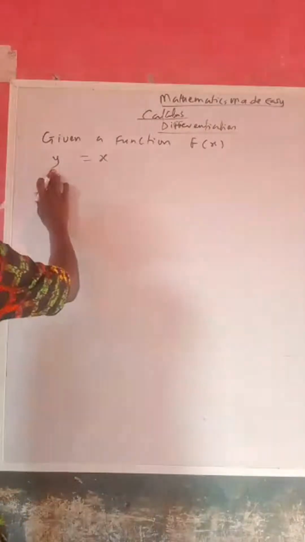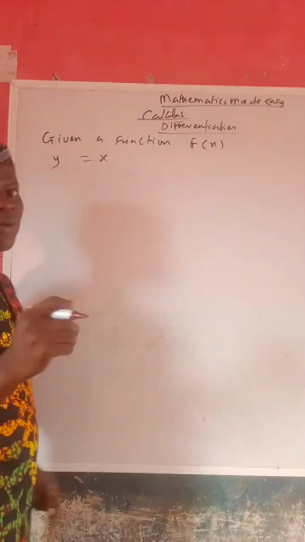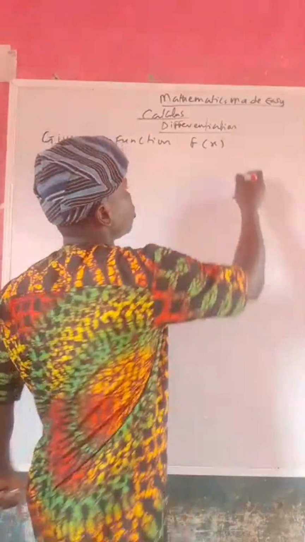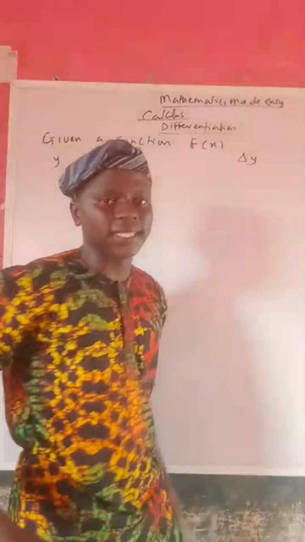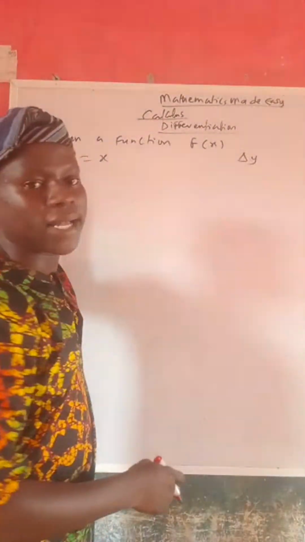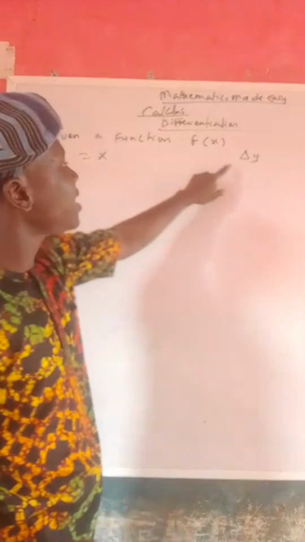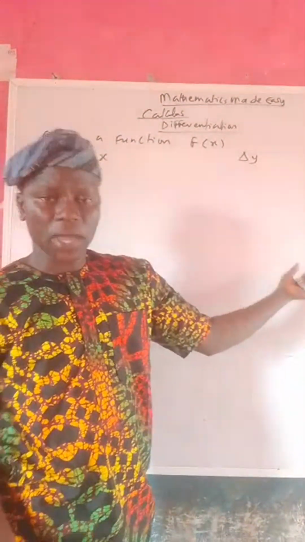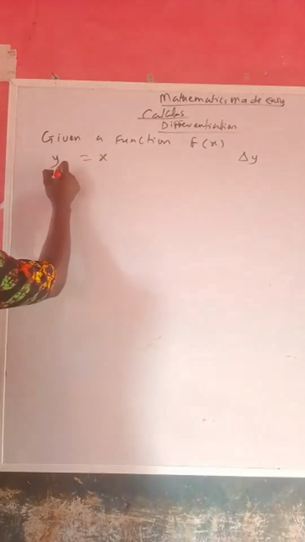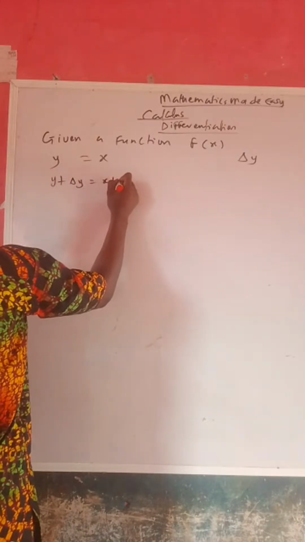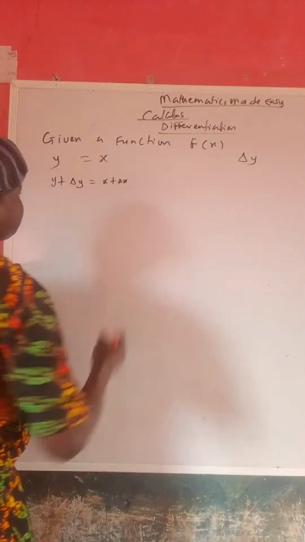You add increase in y, what do we call the increase? It means change in y, so you use delta y to represent it. So you add delta y to the y part, that is your left hand side, and you add increase in x, that is delta x, to the right hand side. If you do that, you're going to have y plus change in y equals x plus change in x.